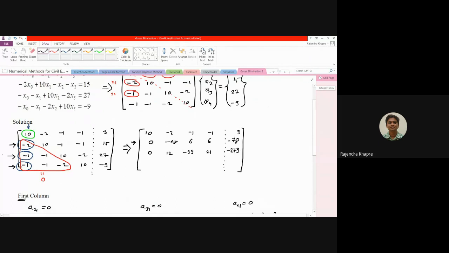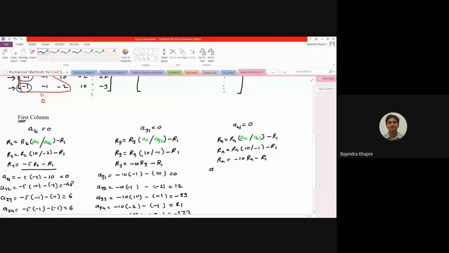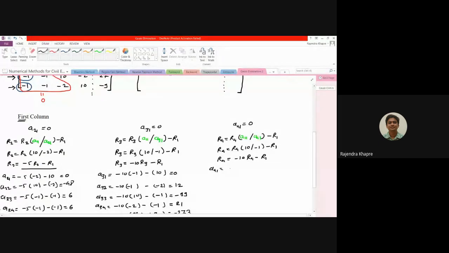Okay, so on similar lines, now you have to operate on the last row, that is A41. So A41 will be something like minus 10 into this minus R1.